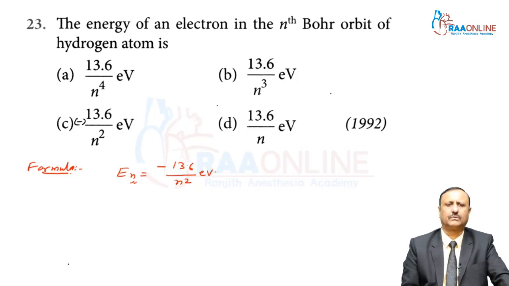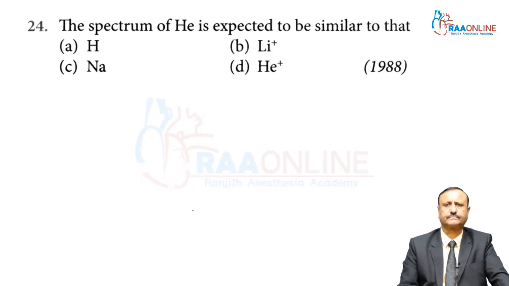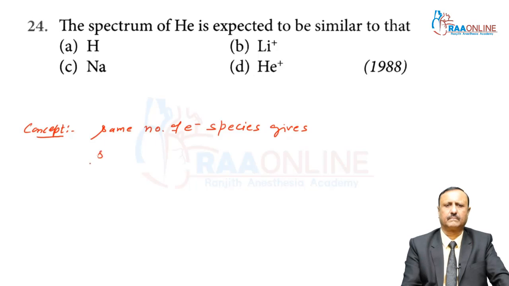Now we can go to question number 24. The spectrum of helium is expected to be similar to that of. My dear students, here you can see the concept: species with the same number of electrons give the same spectrum.